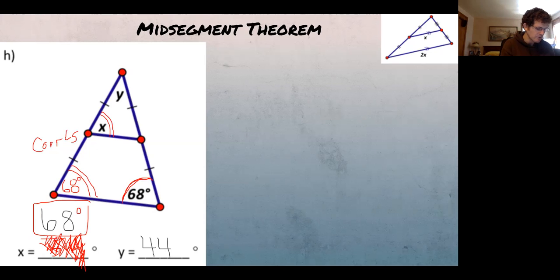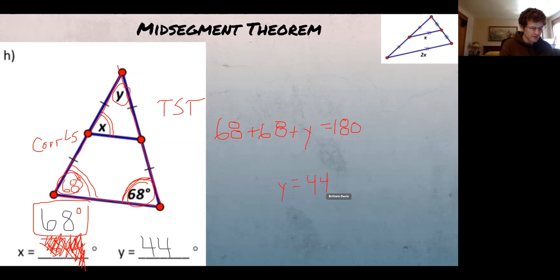And we could do this with the small triangle, but we've already got these angles. I've got a 68, 68, and Y that make up the angles there. So 68 plus 68 plus Y all have to add up to 180 because of the triangle sum theorem. And I'm not going to do all the math for that. You guys can work through the equation, and you can figure out that Y does have to equal 44 degrees.